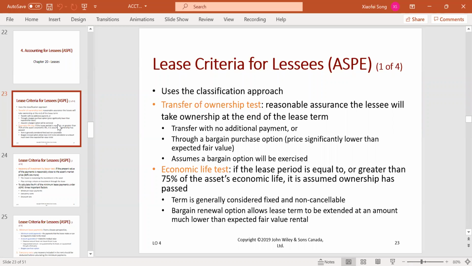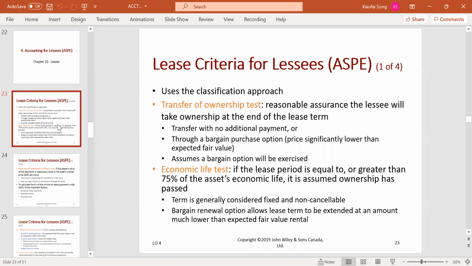Under ASPE, the approach is called the classification approach. So the lease is classified as either an operating lease or a finance lease or capital lease. The term changed here. When you hear the term capital lease and the finance lease, they're the same thing.